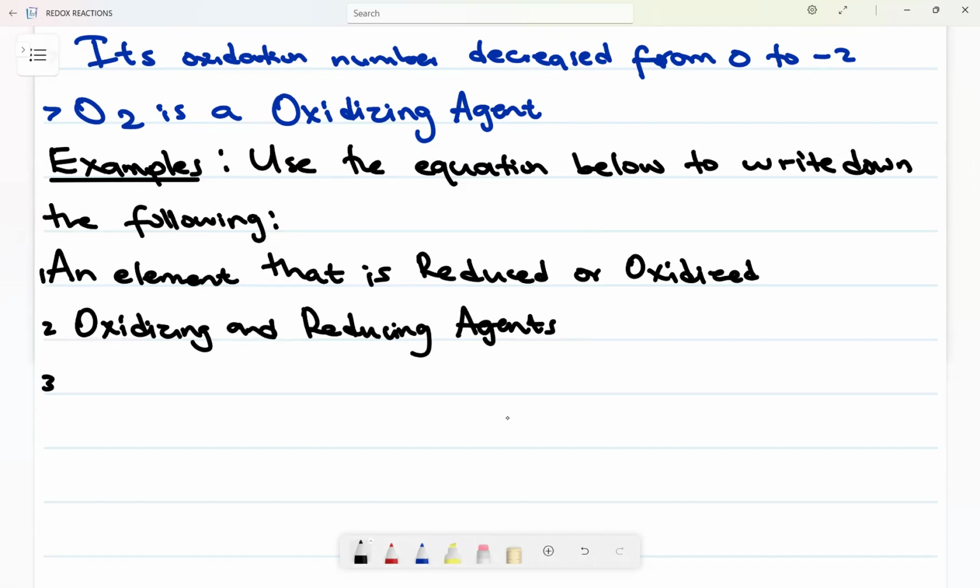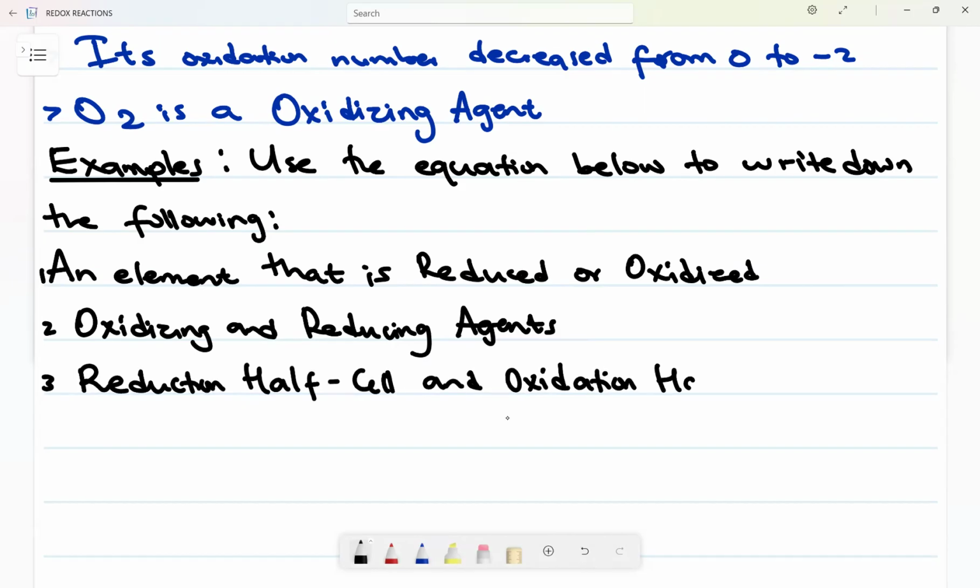Number three, reduction half cell and oxidation half cell. I know I haven't mentioned anything of the half cell, but now I will mention it again. And then lastly, the net ionic equation.